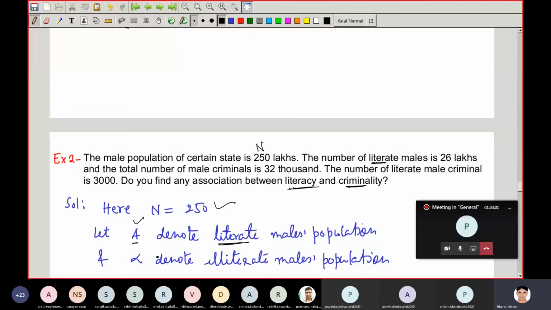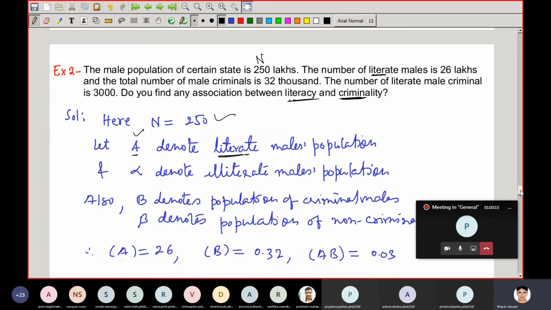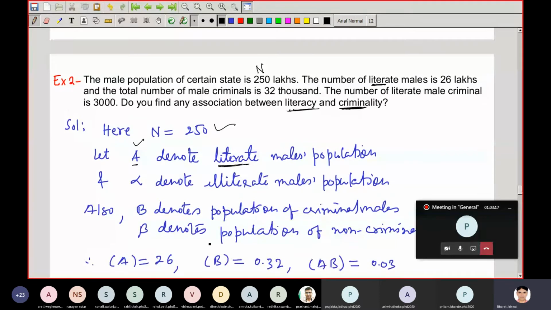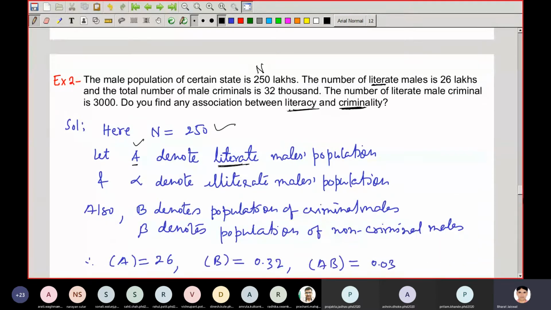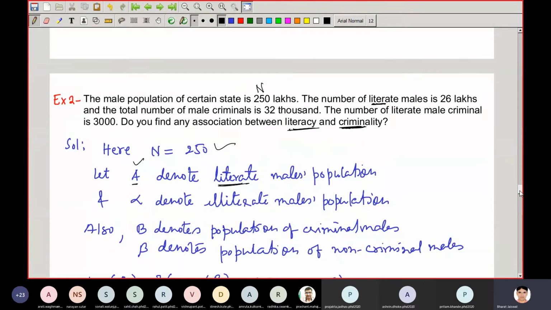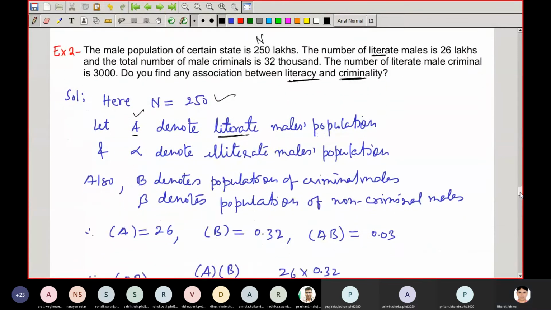Then its absence, that is illiteracy, will be denoted by Greek letter, that is alpha. Getting? Similarly, if criminality, यदि क्रिमिनल हैं कुछ मेल, यदि क्रिमिनल हैं तो उनको हमने B नाम दे दिया सपोज करिए, और जो क्रिमिनल नहीं है उनको हमने दे दिया बीटा, ठीक ना? सो absence of A, that will be alpha, and absence of B, that is beta.